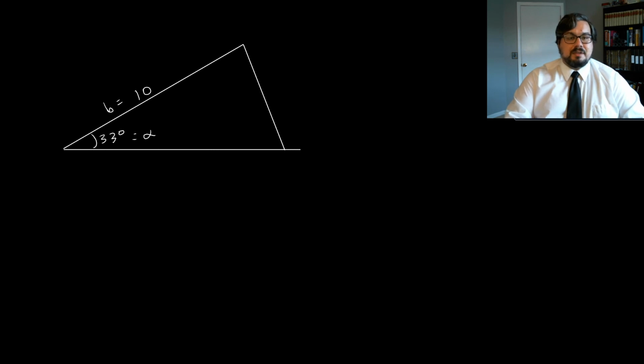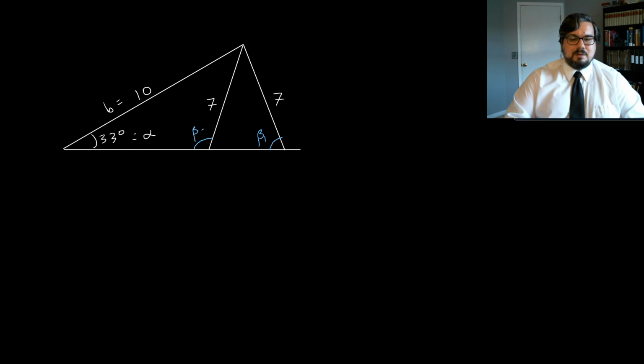lower side here, which means that there are actually two different triangles that we can form here, two different ways of forming a triangle here corresponding to the two different betas. And in fact, we get beta 1 here and beta 2 here, from which we'll get our gamma 1 and gamma 2, and we've got C1 and C2.